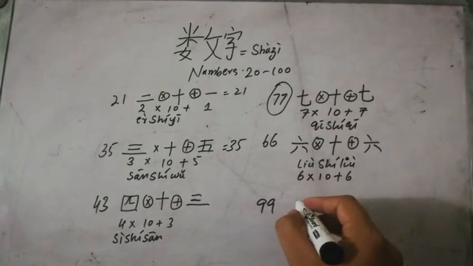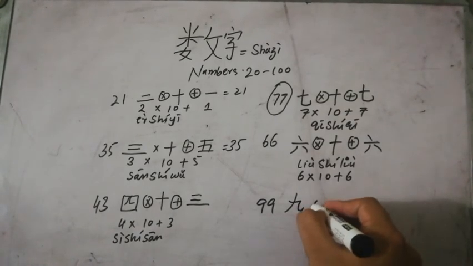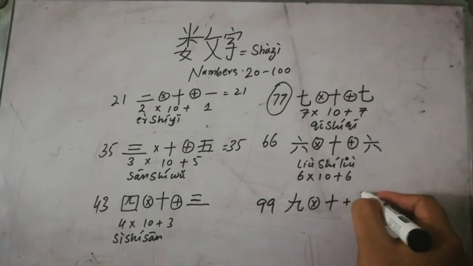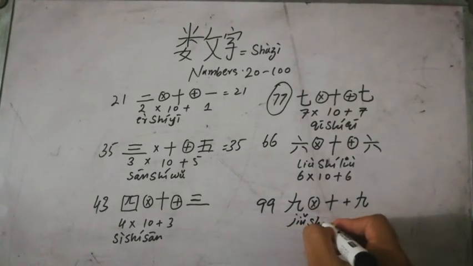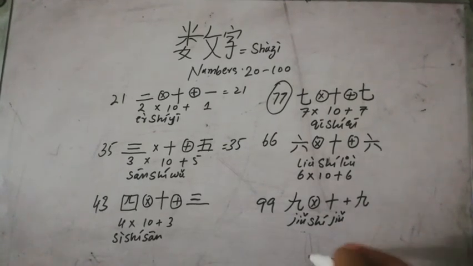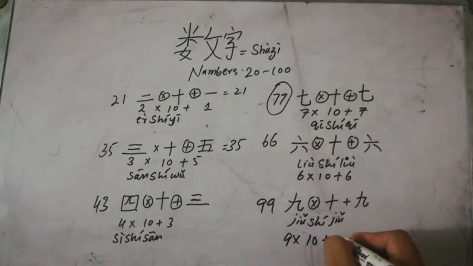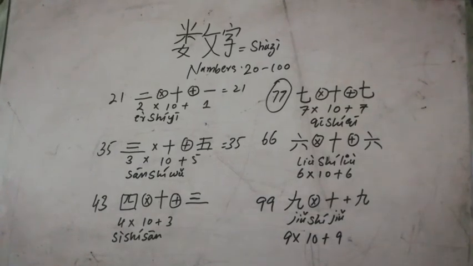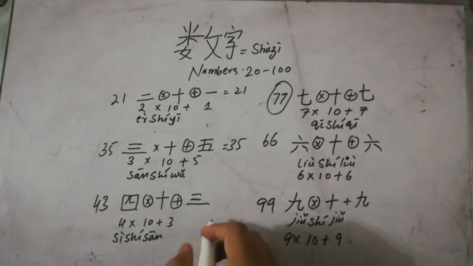And if you want to write 99, it becomes 99. The last number that you want to write is 100.